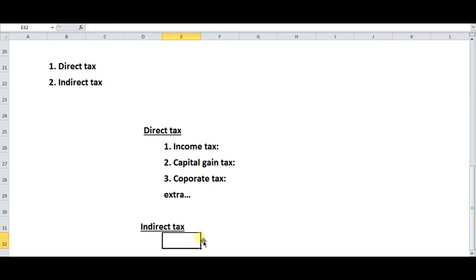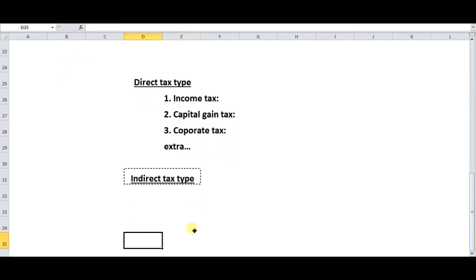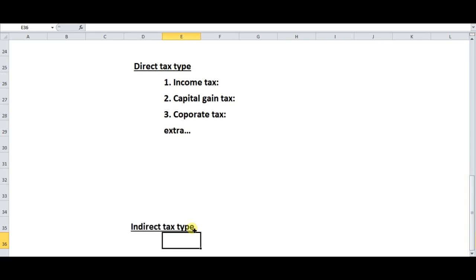Like the way, indirect tax. Indirect tax types. Indirect tax is broadly classified into 20 different types of taxes.